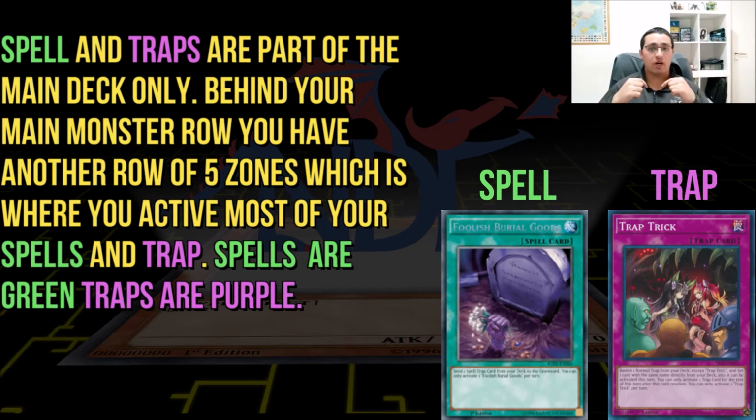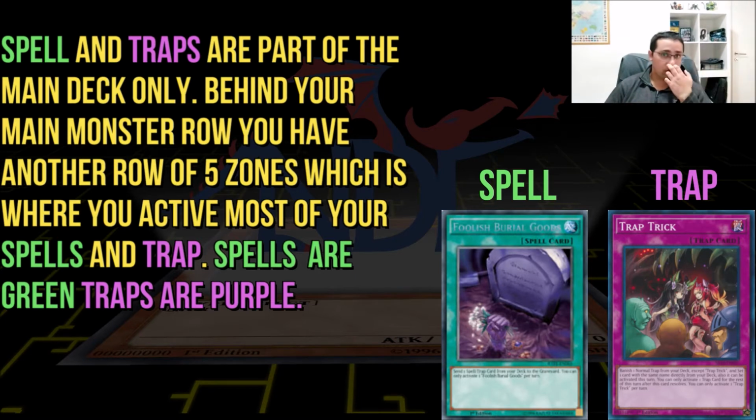You can only have 5 spells and traps set or active at the time, so if all of them are full, you cannot activate a new one, just like with monsters. Of course, it's a little bit harder with spells and traps, but we'll get to that when we get to the different kinds of categories.